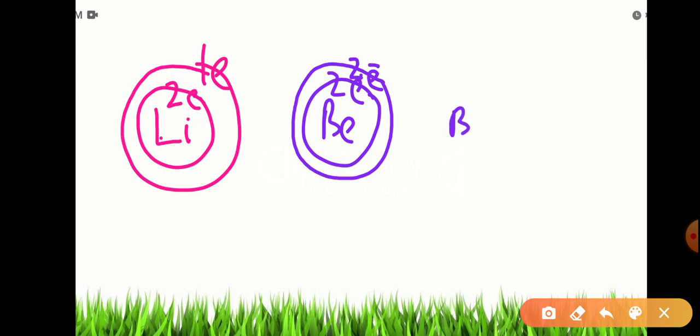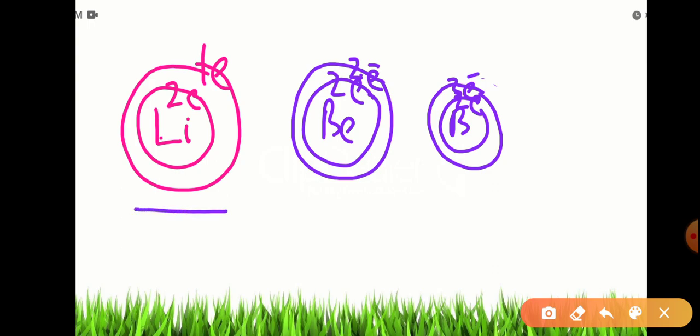Boron has 2 electrons over here and 3 electrons over here. Now carefully observe. I draw lithium bigger, beryllium somewhat smaller, and boron a little bit smaller.